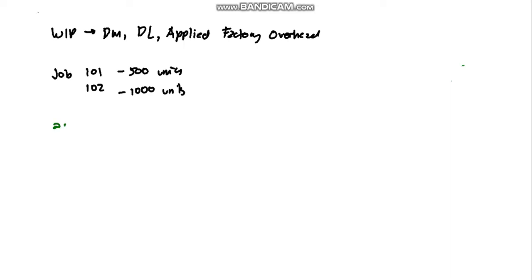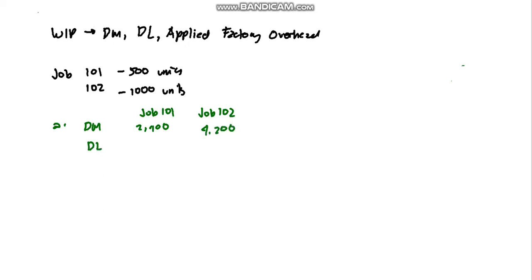Okay, so this is job 101 and job 102. I'll try to provide a separate PDF for reference for this one. Direct materials as previously computed were 2,400 and 4,200.